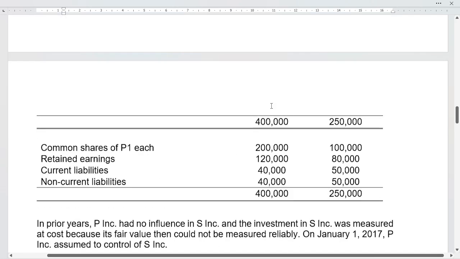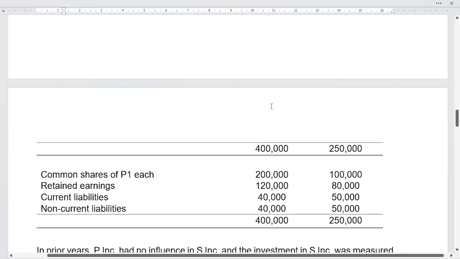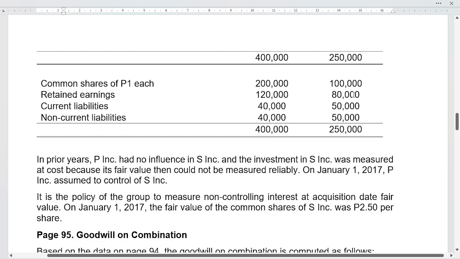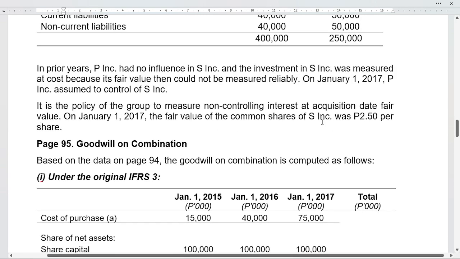The common shares of 1 peso each are 200,000 for P and 100,000 for S. Retained earnings are 120,000 and 80,000. Current liabilities are 40,000 and 50,000, and non-current liabilities are 40,000 and 50,000, with totals of 400,000 and 250,000.